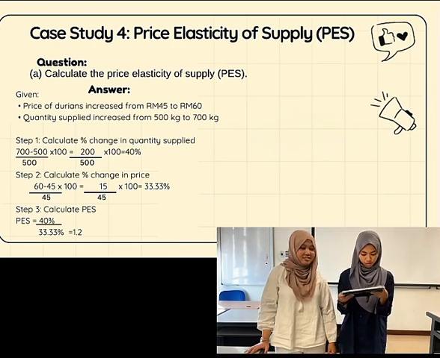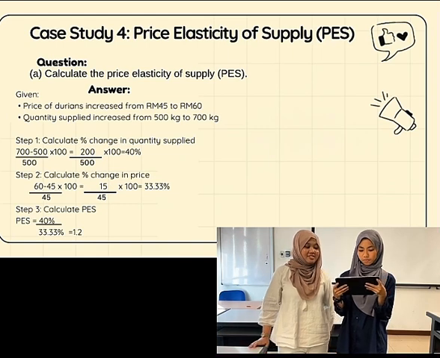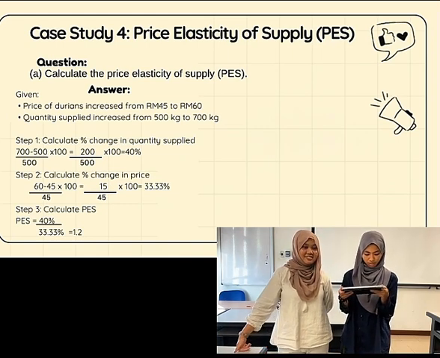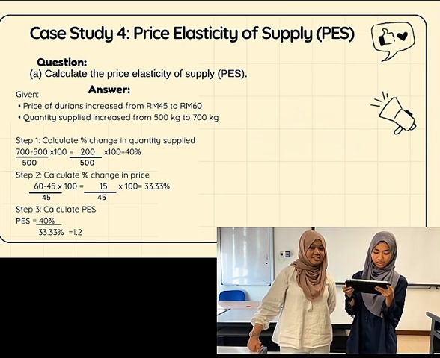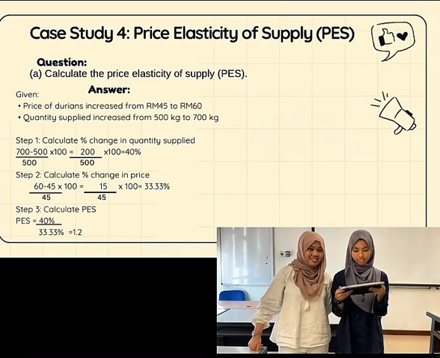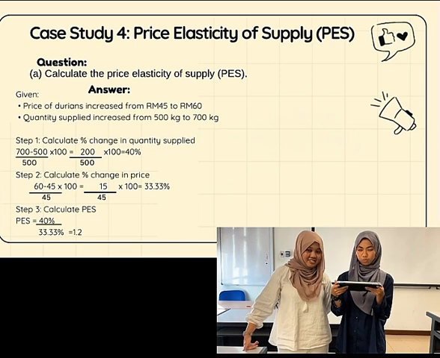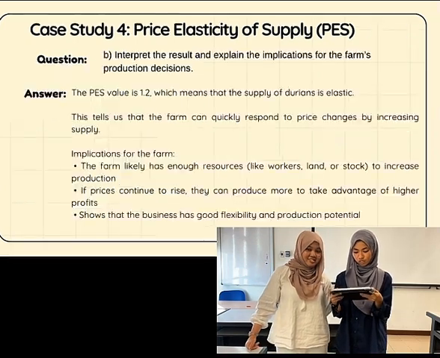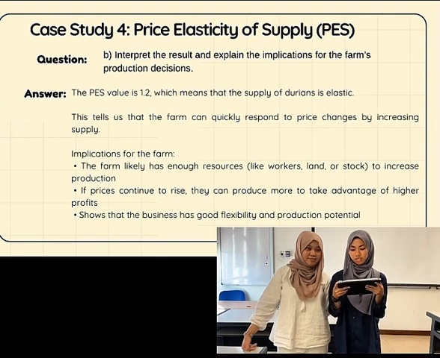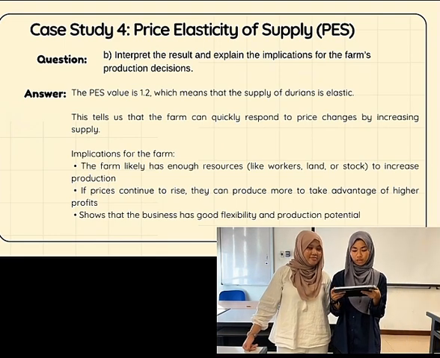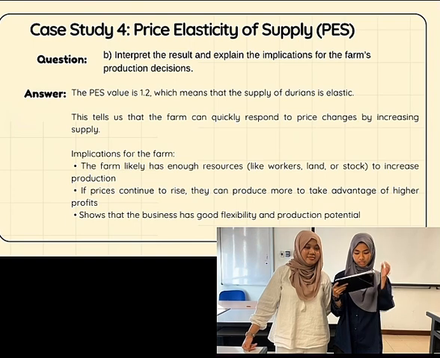And step 3, we calculate price elasticity of supply, 40% divided by 33.33%, we got 1.2.